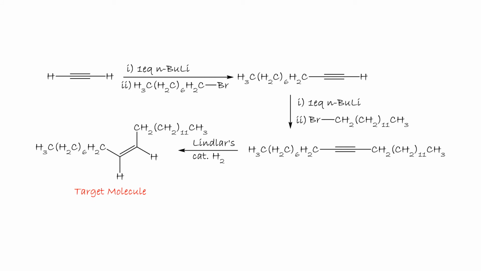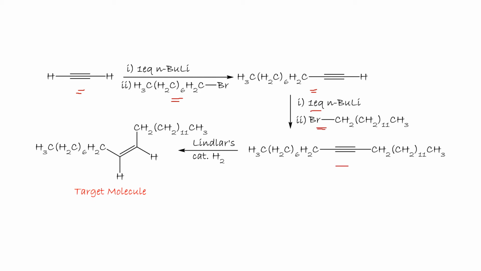Direct synthesis, we start now from acetylene, one equivalent N-butyl lithium, followed by alkyl halide. We get this new terminal acetylene. Again, one equivalent N-butyl lithium, alkyl bromide.